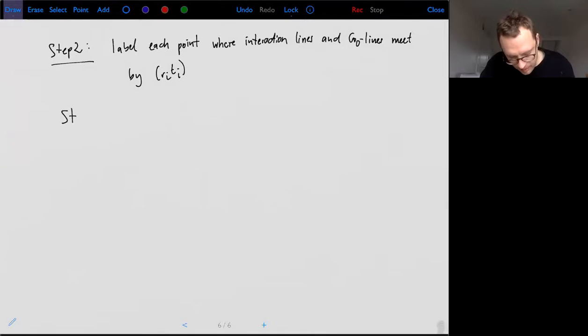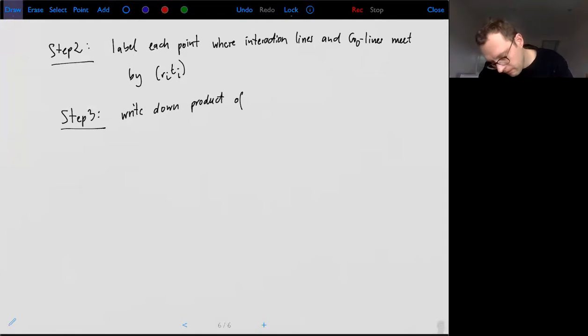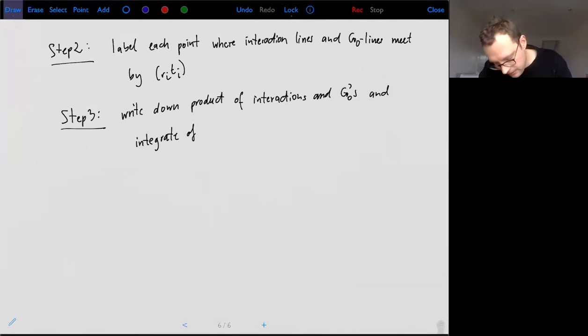And then the third step is actually to write down an expression which is a product of all these interaction lines and Green's function lines, and integrate over these RITIs.